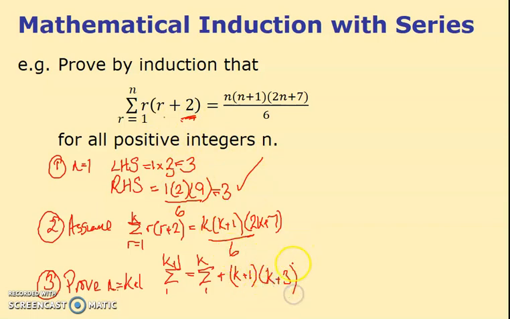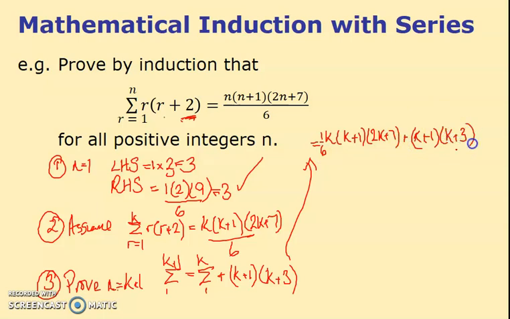That's the trick you've got to suss. Let's work it up here. So this then gives me, well, I know the first assumption was a sixth of k plus 1, 2k plus 7, plus k plus 1, k plus 3.